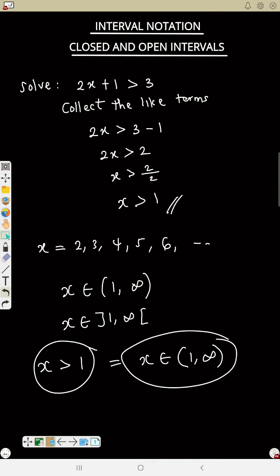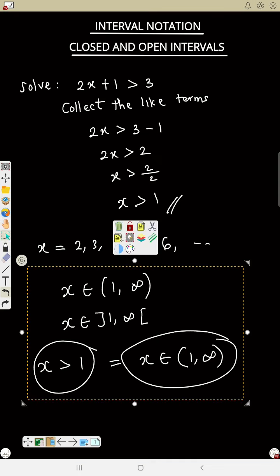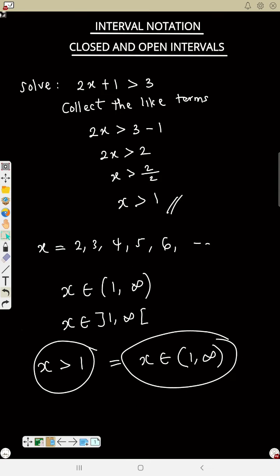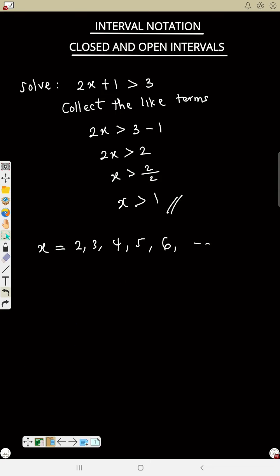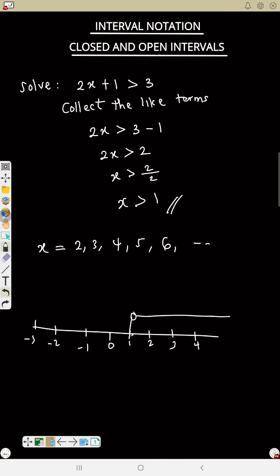Now if you represent this on a number line, you will see it clearly, that is x is greater than 1. If here is 0, here is 1, 2, 3, 4. Here is minus 1, minus 2, minus 3, like that. So if x is greater than 1, we are starting from here to go this way. So all these numbers here are greater than 1.